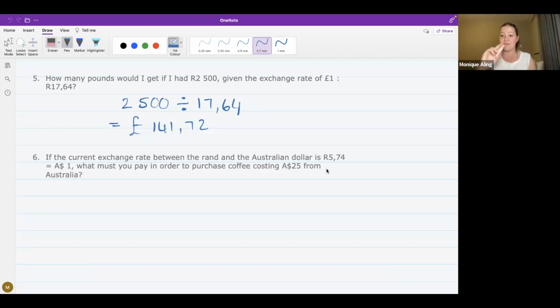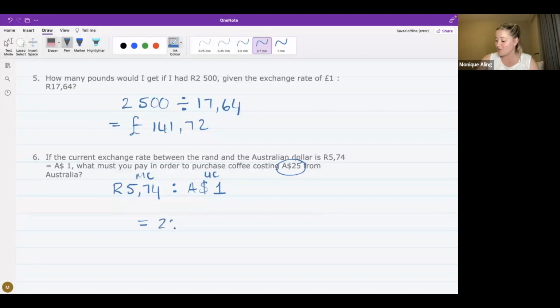Okay, and again, the exchange rate was written the other way around, something different. We used to see one on the left-hand side. So there is our unit currency, our multiple currency. They want to know how much a coffee will cost in rands.